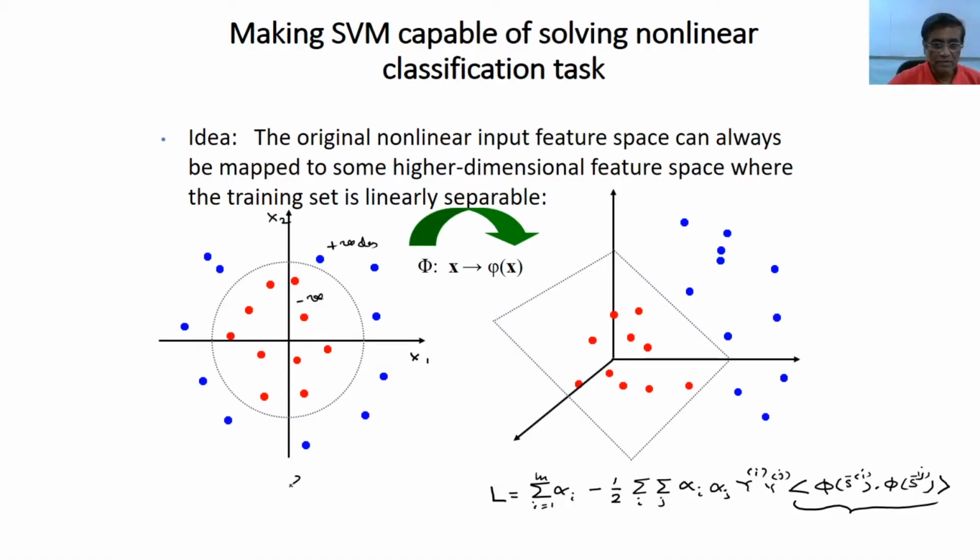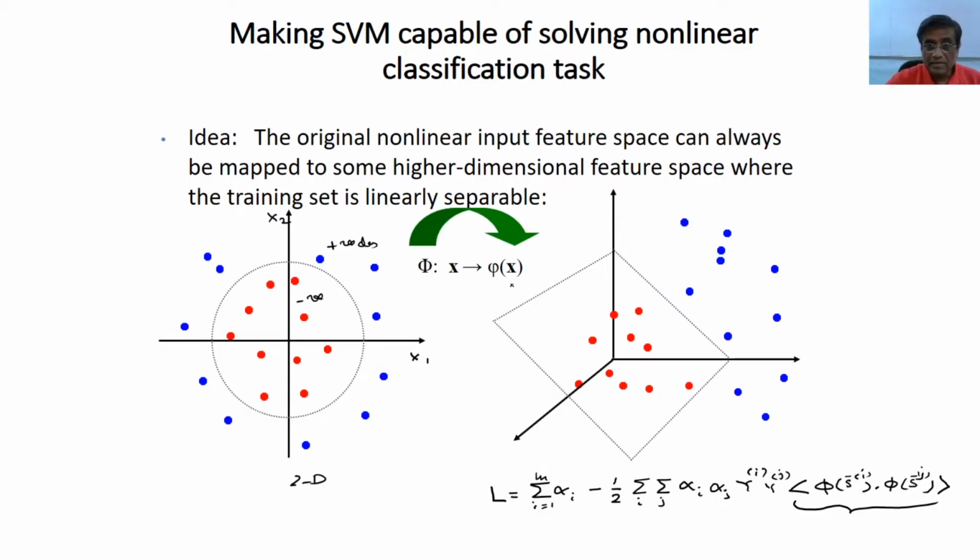Here it is 2D, and project the data into the higher dimensional feature space by somehow finding a mapping function called phi, which will operate on these lower dimensional samples and take them to the higher dimensional space. And can it solve our problem? Okay, so this is the picture which is trying to show you.